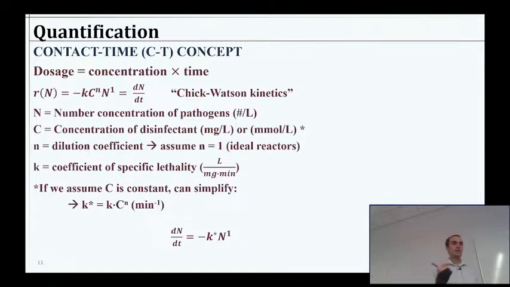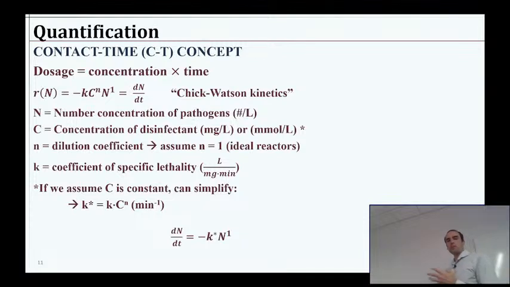So we tend to define this term called CT, the CT concept, concentration of our disinfectant times the time that it has to contact it. That's just like the example I said with the bleach on the countertop. If you spray it there and leave it for 5 minutes, that's a lot different than spraying it and wiping it off in 5 milliseconds, right? It's going to have a much different outcome because you're giving the chlorine time to react.